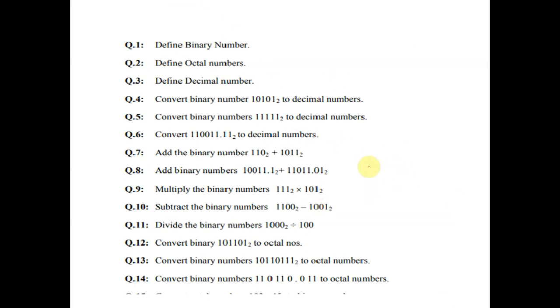These are theory examples. First: define binary numbers, define octal numbers, define decimal numbers, convert binary number into decimal, add binary numbers, multiply binary numbers, subtract binary numbers, divide binary numbers, convert binary numbers.